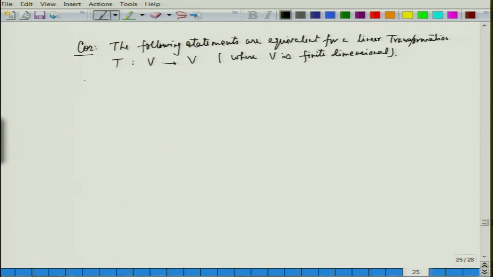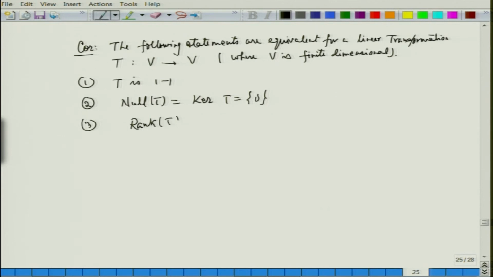All right. 1, T is 1-1. 2, null space of T, which is same as kernel of T, is 0. 3, rank of T is n, which is same as dimension of range of T. 4th, T is onto.